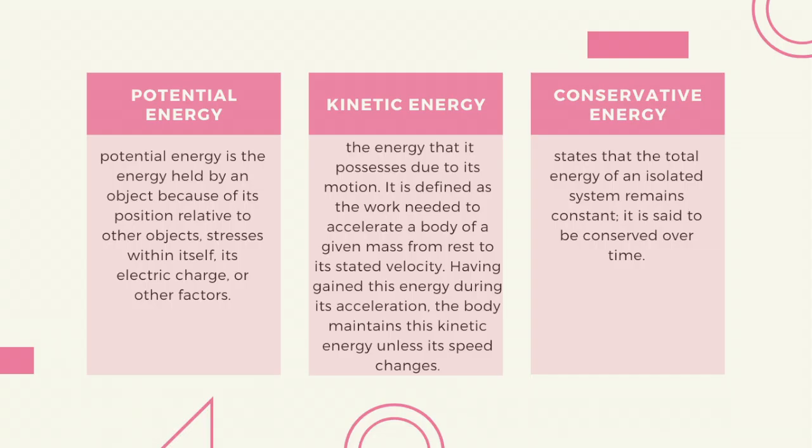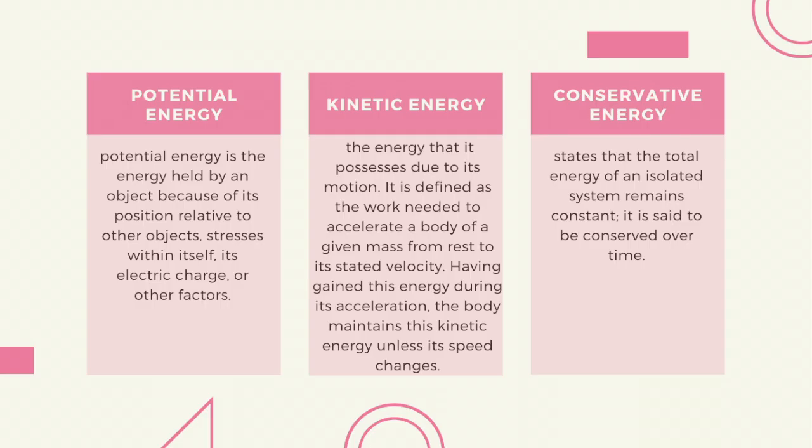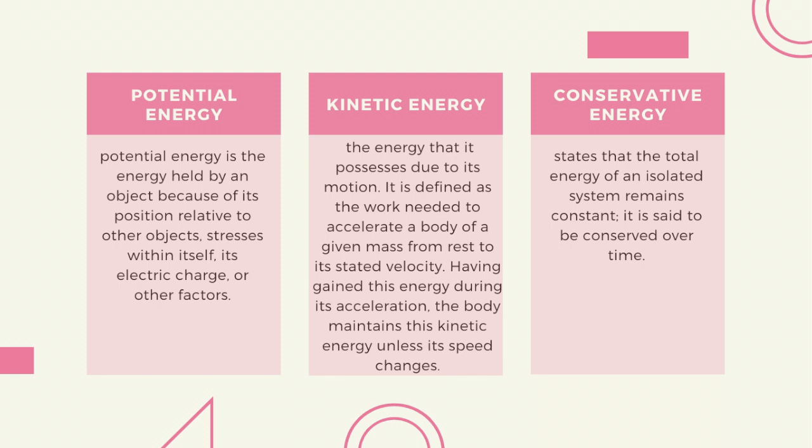Now, I will be discussing three energies, which are potential energy, kinetic energy, and conservative energy. First, potential energy. Potential energy is the energy held by an object because of its position relative to other objects, stresses within itself, its electric charge, or other factors. Meanwhile, kinetic energy is the energy that it possesses due to its motion.